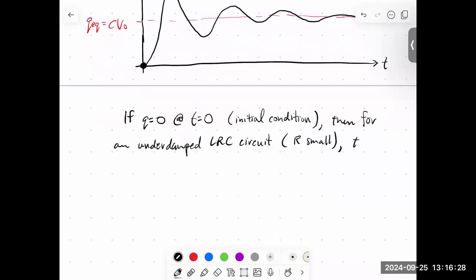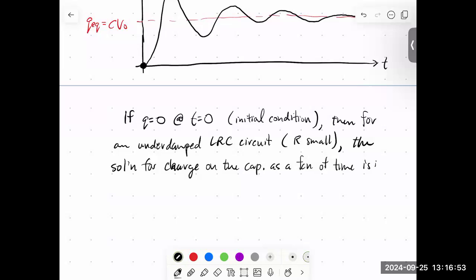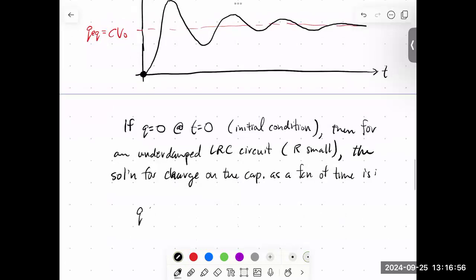So the solution for the charge on the capacitor as a function of time is, let's see, Q of T is equal to, well, what we know is after a long time, this thing must be equal to C times V naught.